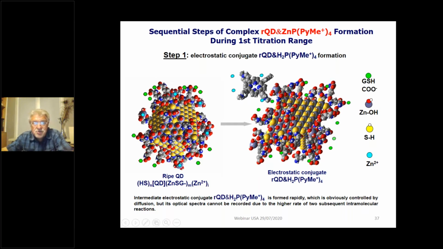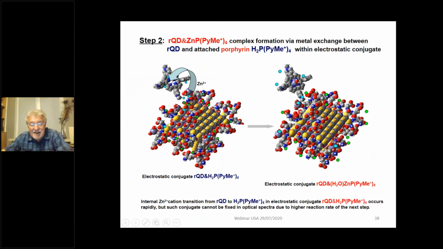At the next stage, zinc ion may penetrate into the center of porphyrin molecules, and we have the formation of zinc complexes of porphyrin coupled to the quantum dots.